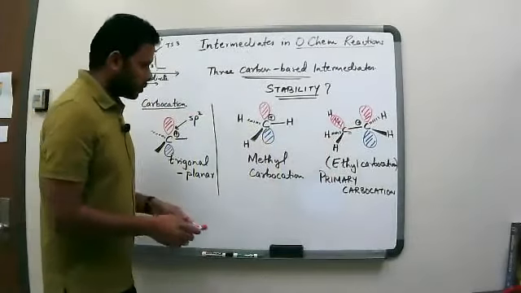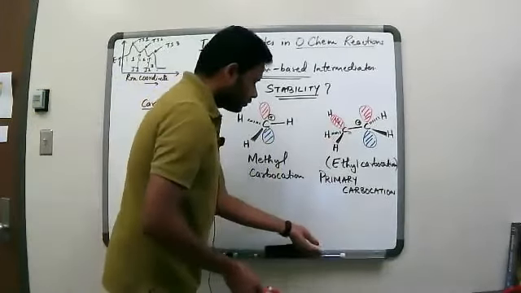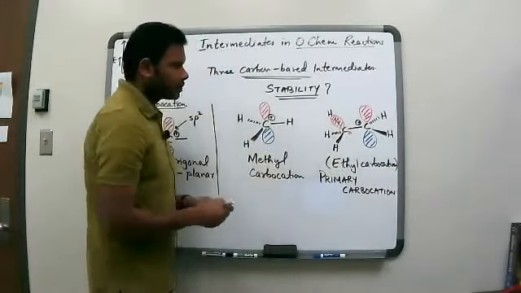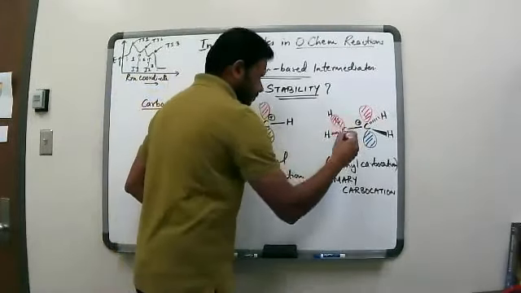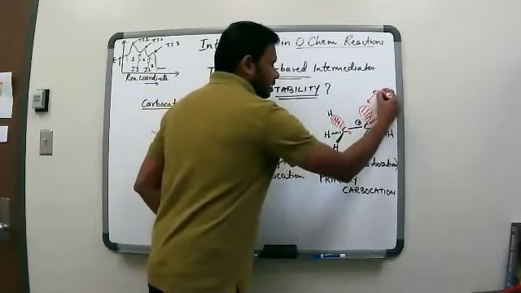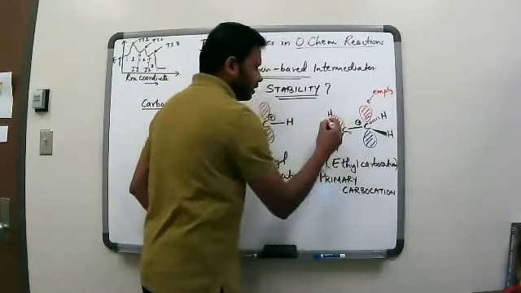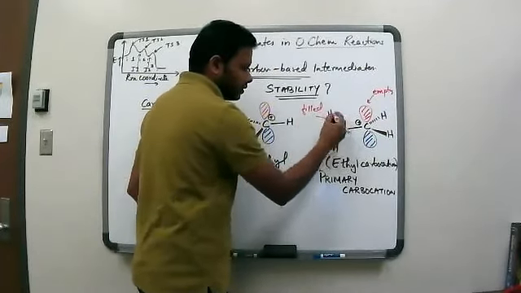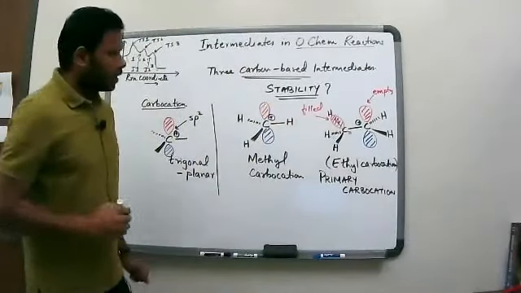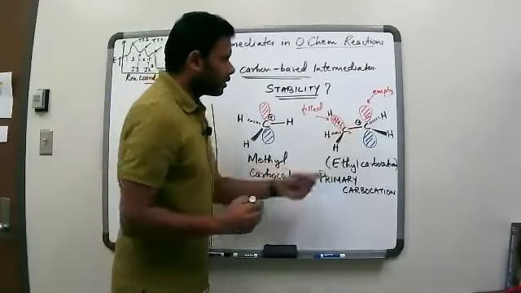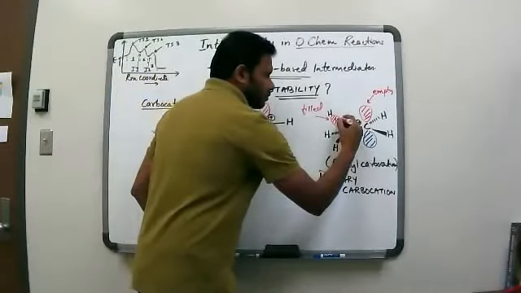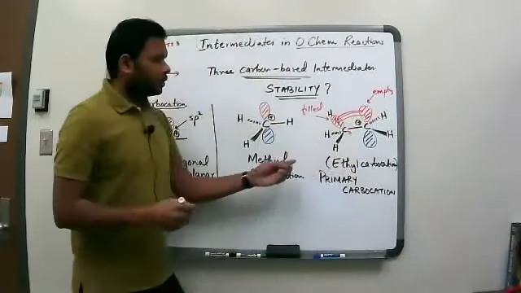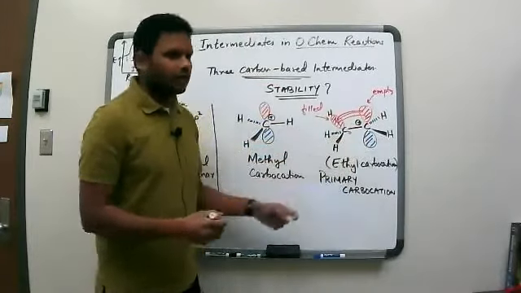Okay, and so what can happen is, because of proximity, this sigma bond contains electrons, whereas this p orbital is empty. This sigma bond is filled. It has electron density in it. And so what happens is, because of the proximity, this sigma bond can basically share some of its electron density with this empty p orbital.